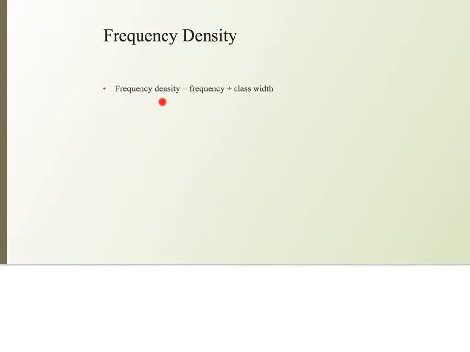So this formula helps you to find your frequency density. I'll just rewrite it as FD, which represents the frequency density, and it's equal to the frequency divided by the class width. And I'll tell you what all that means on the next slide. But as you can see here, frequency is being divided up by the space given in the class width.